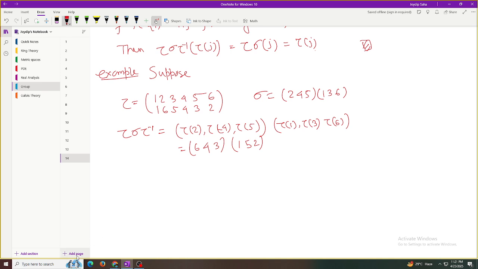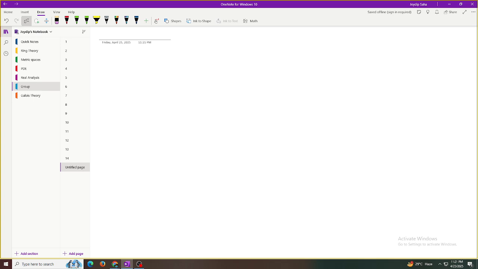Now one observation is that Sn is generated by (1 2), (1 3), ..., (1 n).